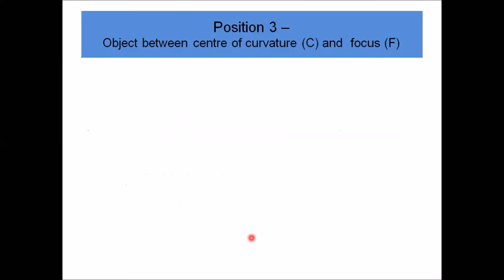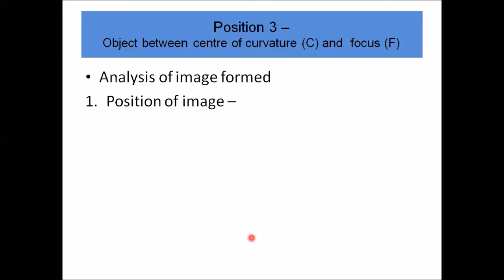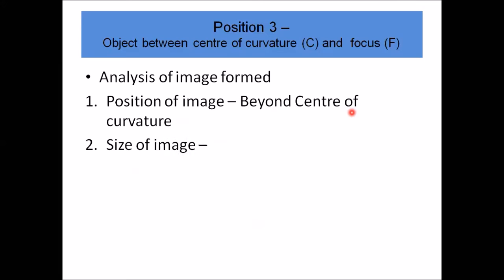Now for the analysis of the image, how the image is formed, there are three things we have to analyze. First is the position of the image. The position of the image is beyond the center of curvature. How is the size of the image? It is larger than the object.